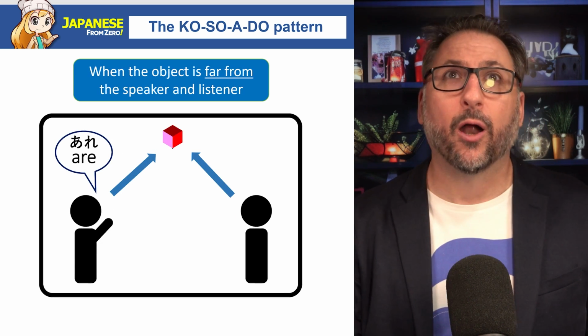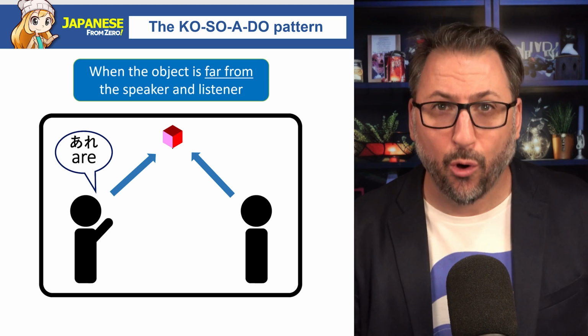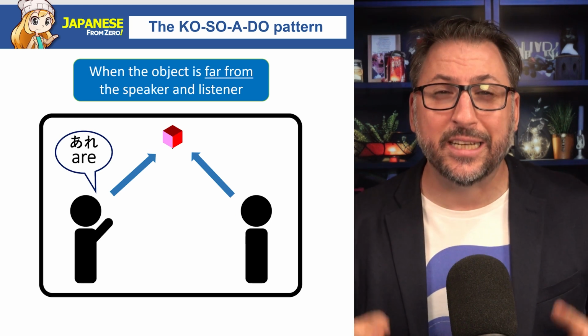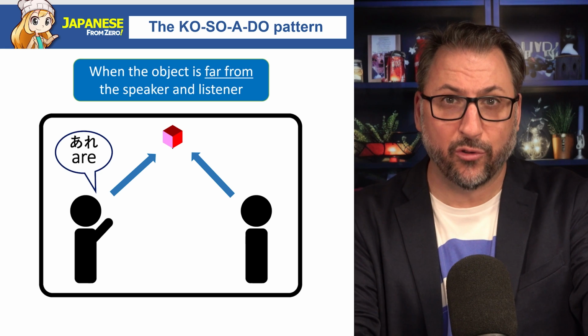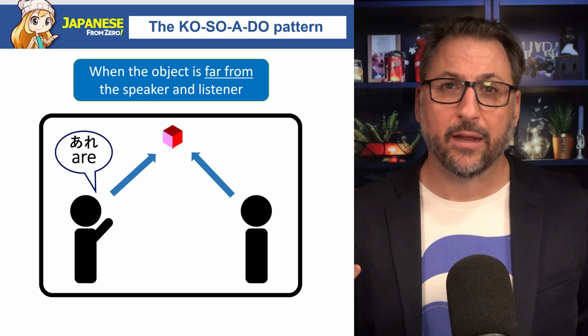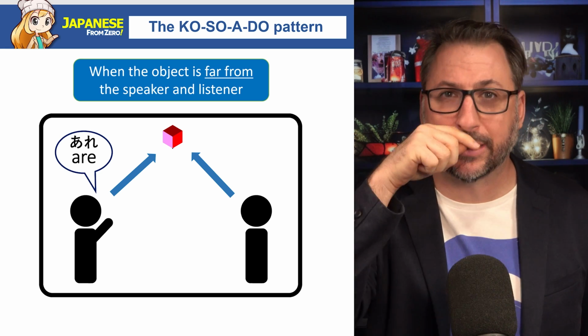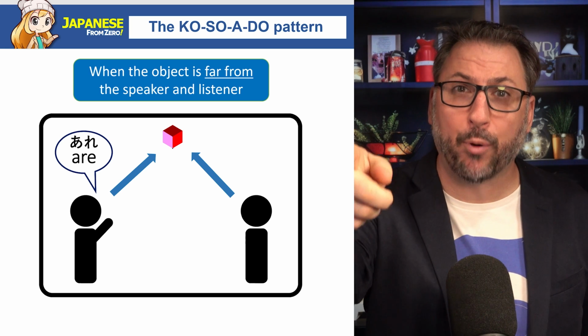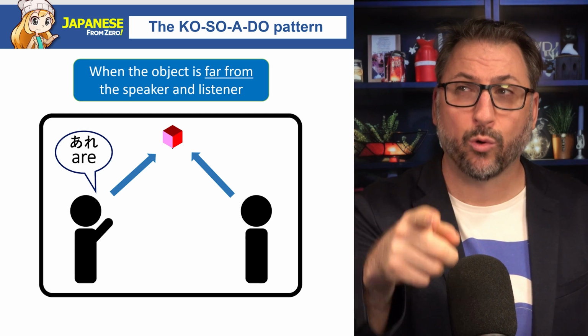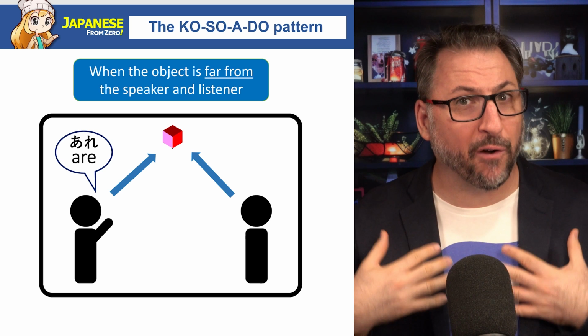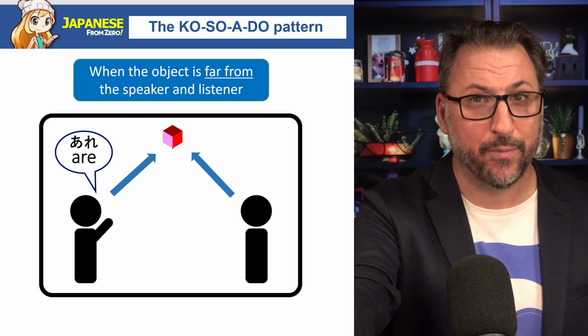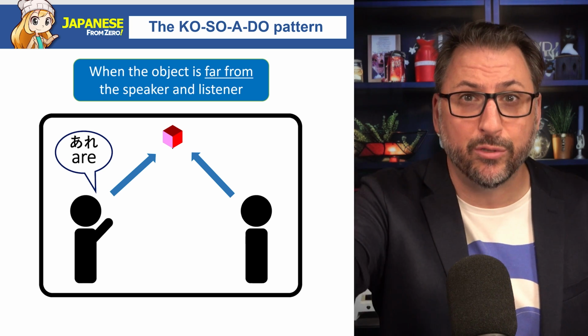When you are thinking about ko, so, a, it's in relation to who you're talking to. Kore, it's me. That's only me. But when I say sore, what's that? It's something that the person I'm talking to is holding, or something that's close to them. Yeah, it's far from me, but it's in relation to them. Close. They will use kore.